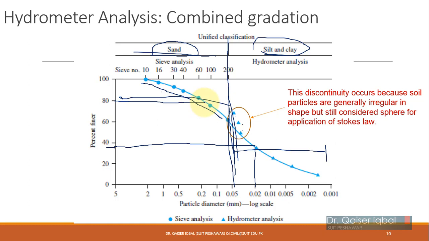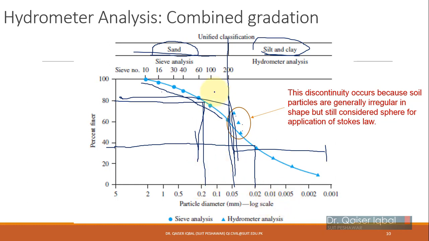Similarly, I want to see what is the 80% size in this. So from 80% I will come here and then drop this line downward, and you can see over here between 0.2 and 0.1, like 0.15 maybe. So 80% of the particles are 0.15 millimeter and smaller.